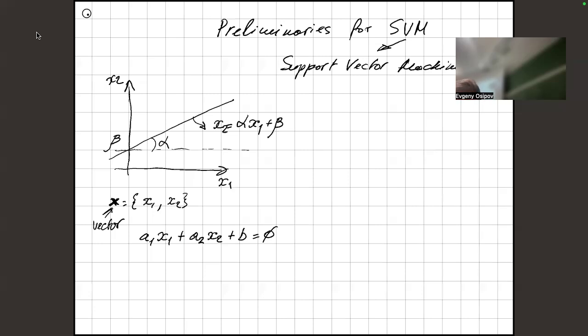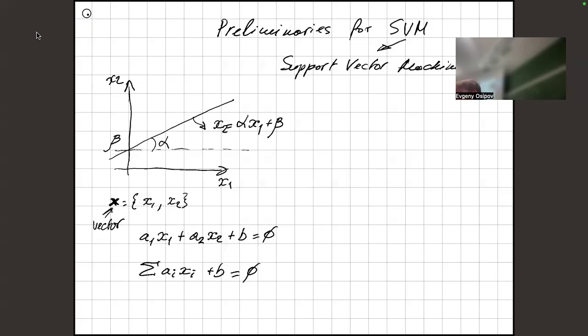Now if we go to higher dimensional spaces, you can define, in that case, a plane. You define it as the sum of ai xi plus free coefficient equals 0.